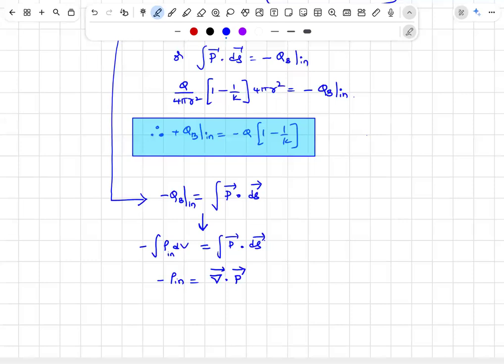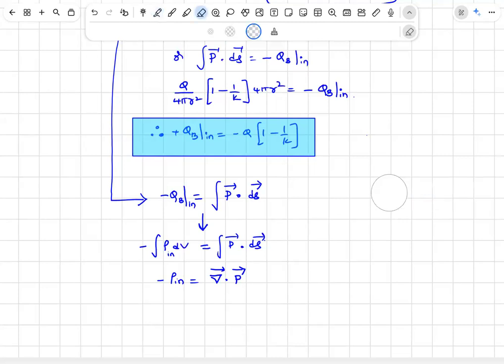Any doubt? Even Gauss's law can be written like this, in the absence of dielectric. Okay?